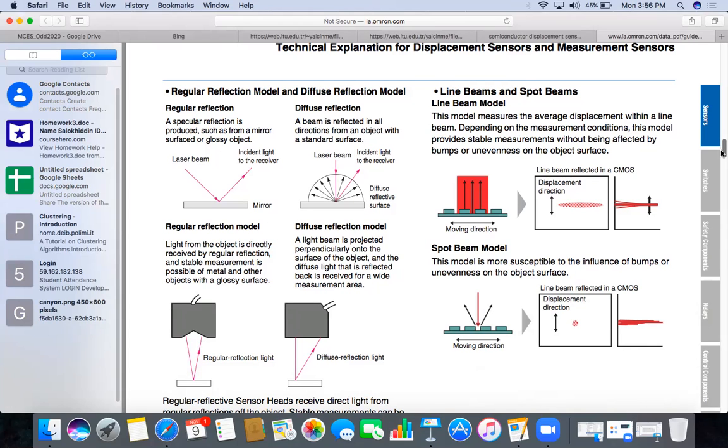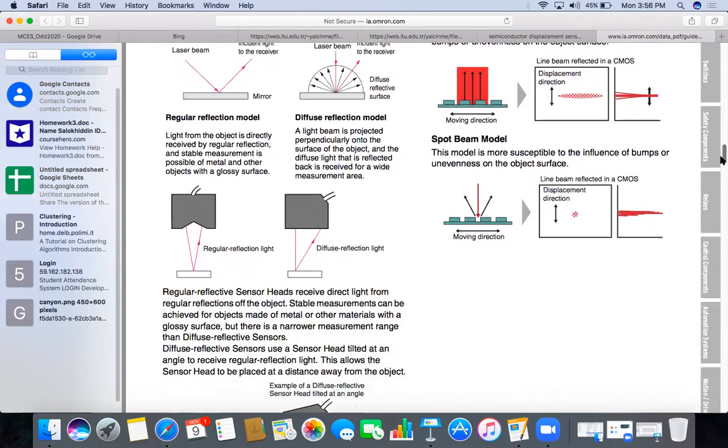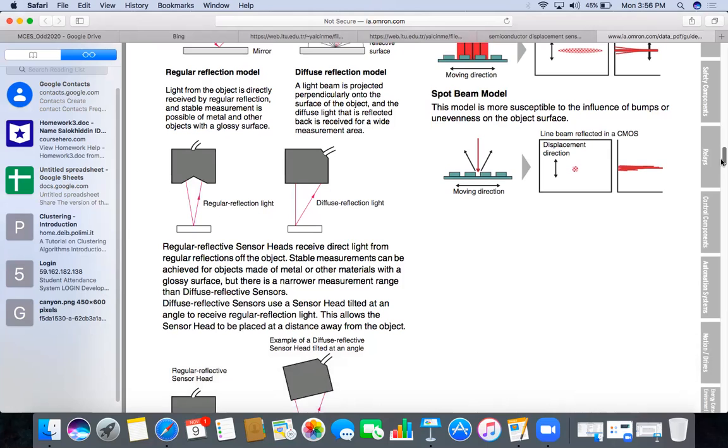In the case of the diffuse reflection method, a light beam is projected perpendicularly onto the surface of the object and the diffuse light that is reflected back is received for a wide measurement area. This is the figure. Regular reflective sensor heads receive direct light from the regular reflection of the object.